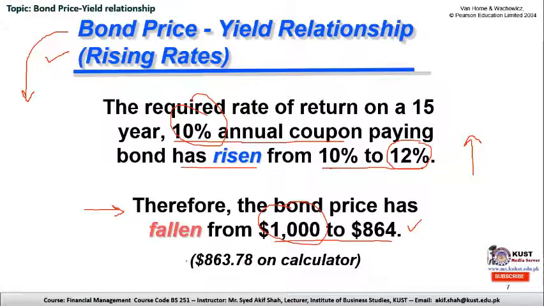By plugging the data into a financial calculator, we can get a more precise answer for this bond price, which will be $863.78. I will not waste time calculating the bond price. However, you can do it on your own because I have already explained the mechanism to calculate the bond value.